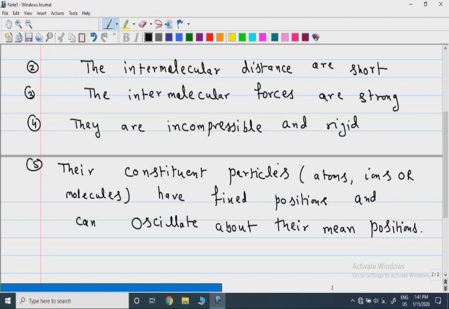Intermolecular forces means the attractive force which is present between the particles. Please copy and then confirm.